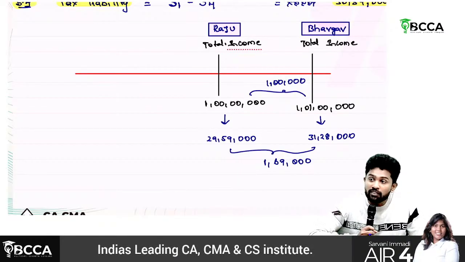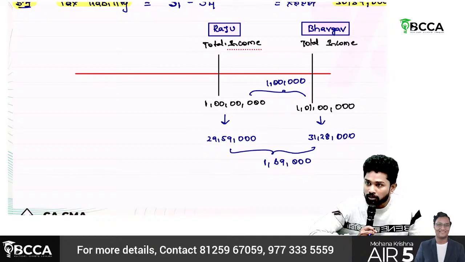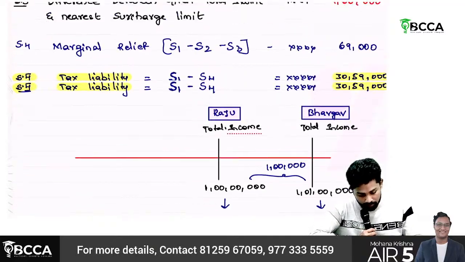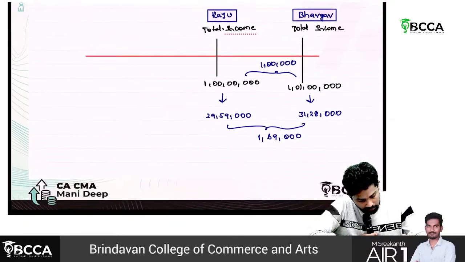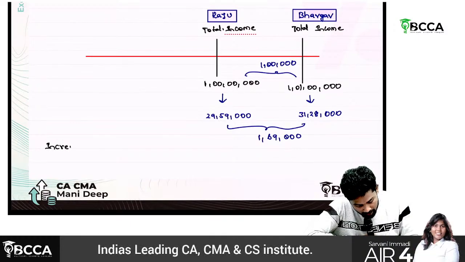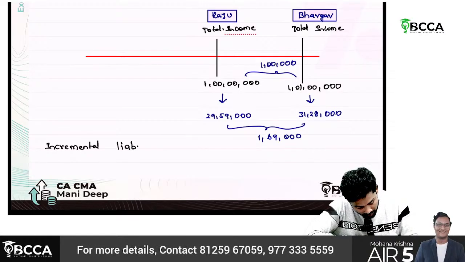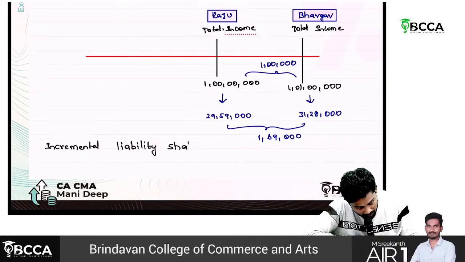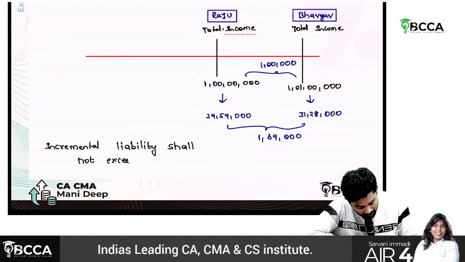But the liability will not be 10 lakhs, so marginal relief will not come into picture. Incremental liability shall not exceed incremental income.